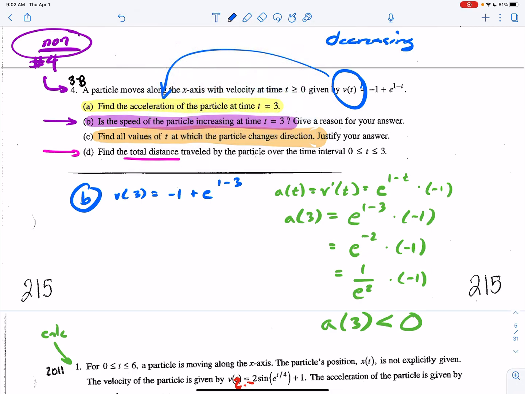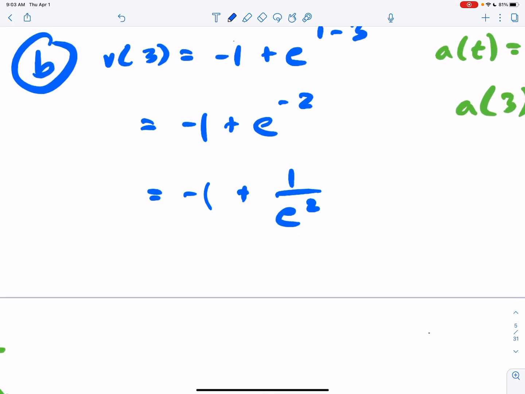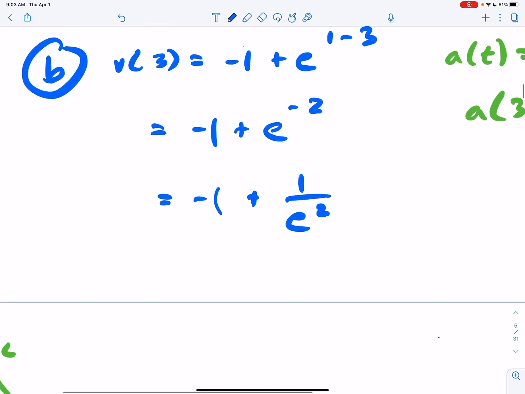Now, v of 3, we're going to use the same logic here, okay? V of 3 is -1 plus e to the -2. And e to the -2 is really just the reciprocal, 1 over e squared. Okay? So, e is roughly 2.7, okay? And if you square it, you're going to get something shy of 9.